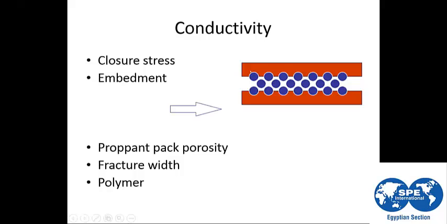If the proppant moves into the rock itself, the formation starts to enter between the pore spaces inside the frac. So as this embedment increases, it reduces the conductivity of the fracture itself.